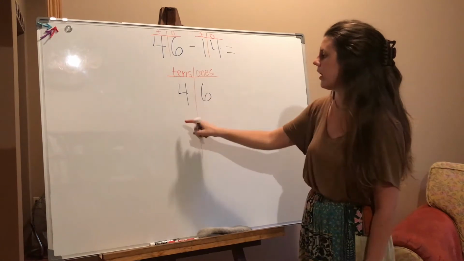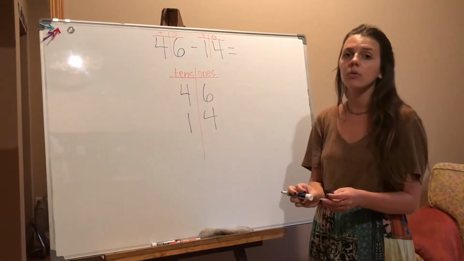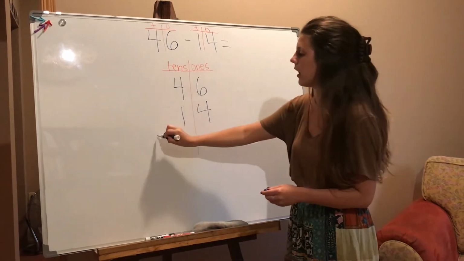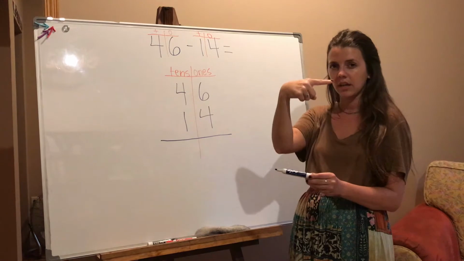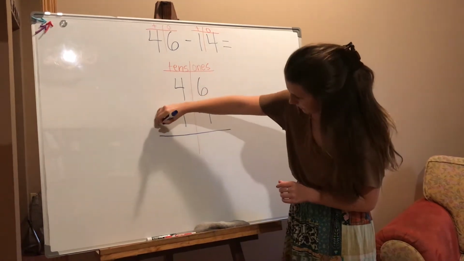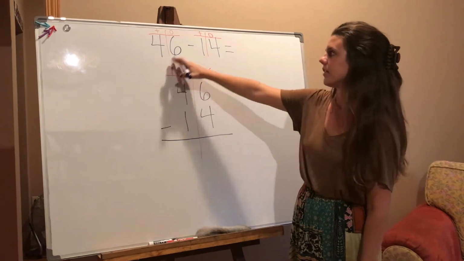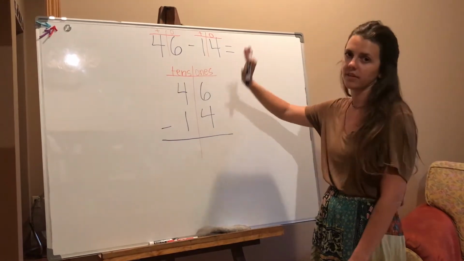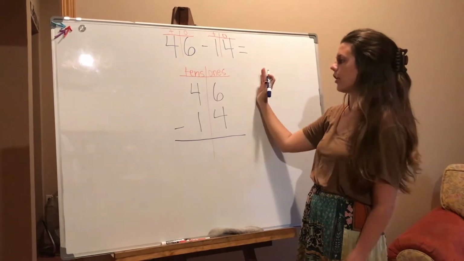I have 1 ten and 4 ones. Those are the only digits in my problem. So I'm going to draw a line to show that I'm done. And then I need my math symbol, which is subtraction. 46 minus 14. 46 minus 14 equals. It's the same thing. It's just written horizontal, then vertical.